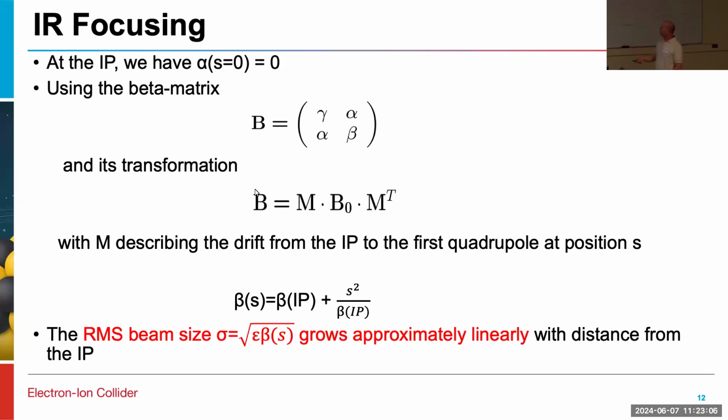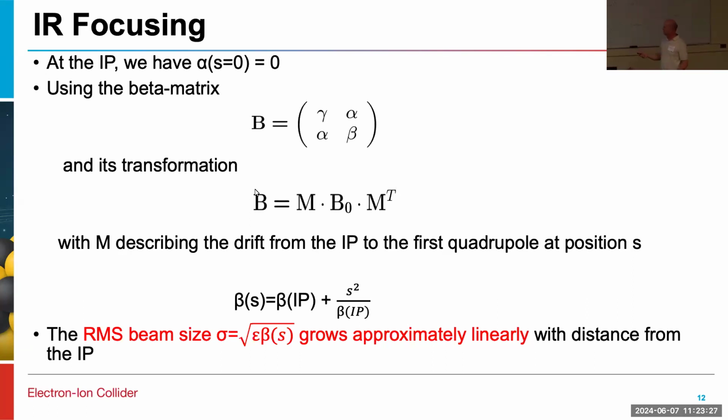Okay, so IR focusing. At the interaction point in the center, the beta function has no slope, it's a symmetry point, so alpha equals 0. Then we use this beta matrix that I showed you, and we also remember how to transform this beta matrix away from the interaction point to the first quadrupole.